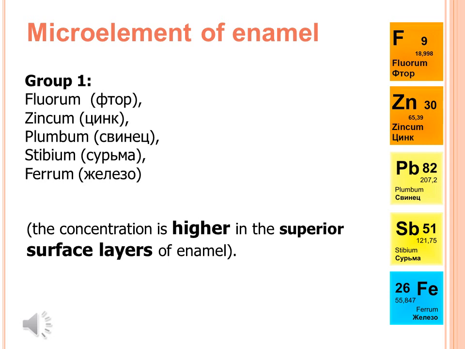Trace elements, or mineral components of enamel, depending on their location in the enamel, are divided into three groups. The first group includes minerals which are most abundant in the surface layer of the enamel. These include fluorine, zinc, lead, antimony, iron.